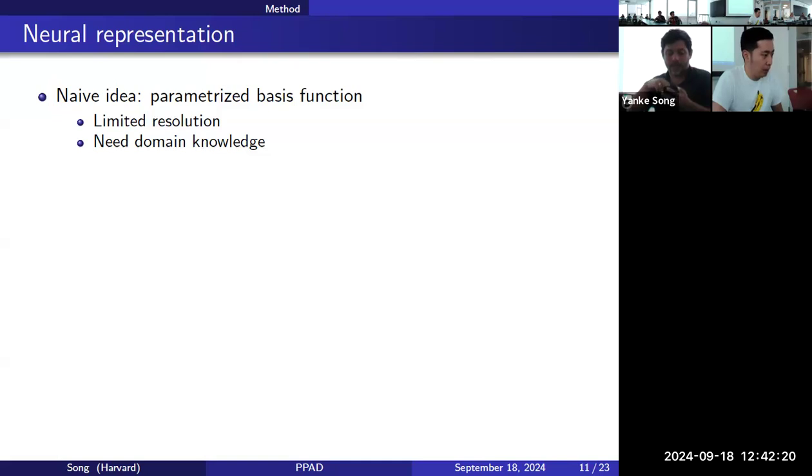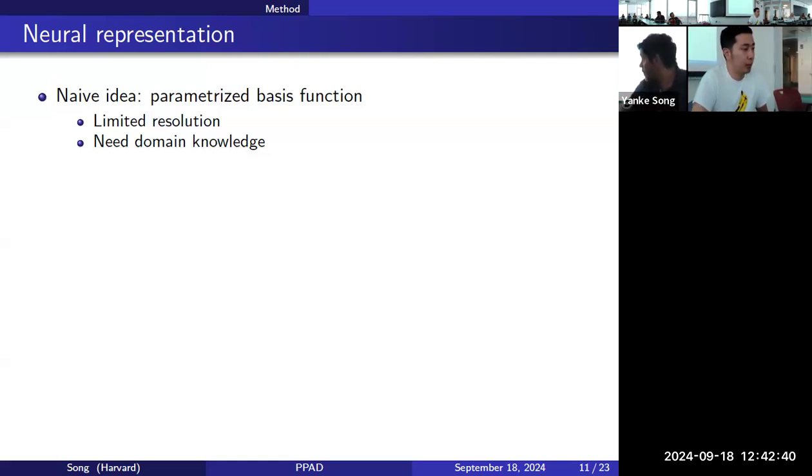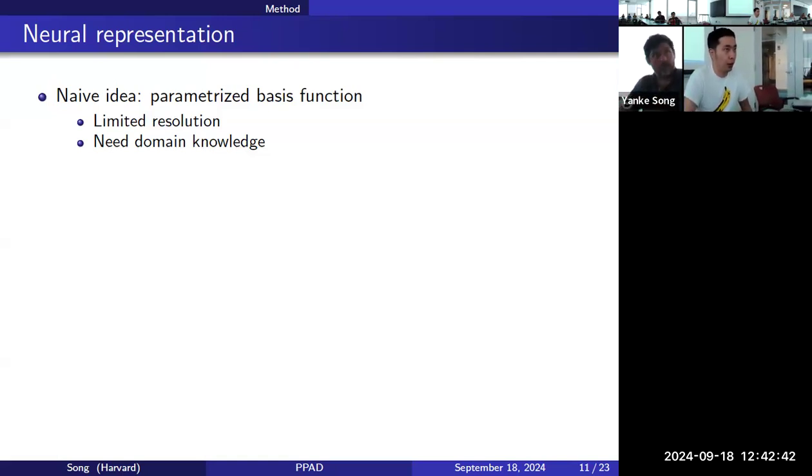But it has some limitations. For example, if you use a stepwise light curve, then its resolution is limited. If you use some other type of basis, you need domain knowledge, for example, if you fit it with a Fourier basis. So this is the basis for R? Yeah, the basis for R, like how do you fit R?